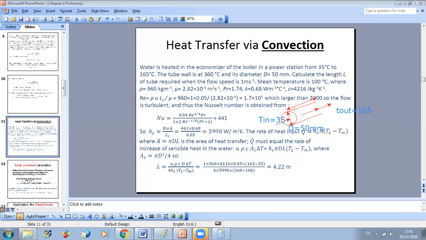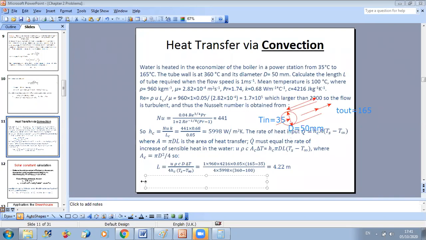Okay, so we can say that since we are working in steady state conditions, why are we working in steady state conditions? Because you can see that when we reach a certain stage, the inlet will always be 35 and the outlet is always 165. So we don't have variation with time. We have a problem with steady state conditions.